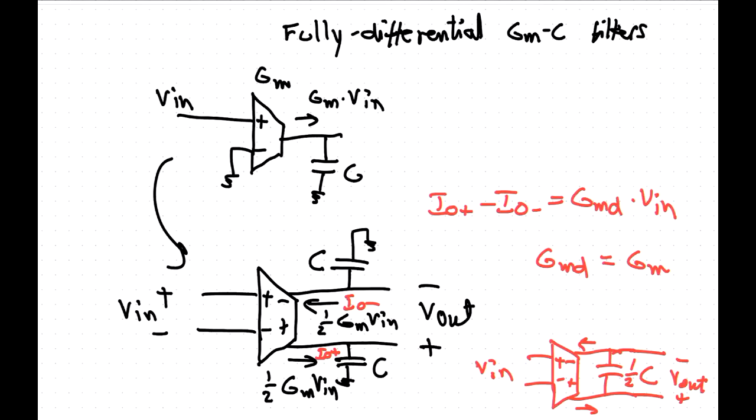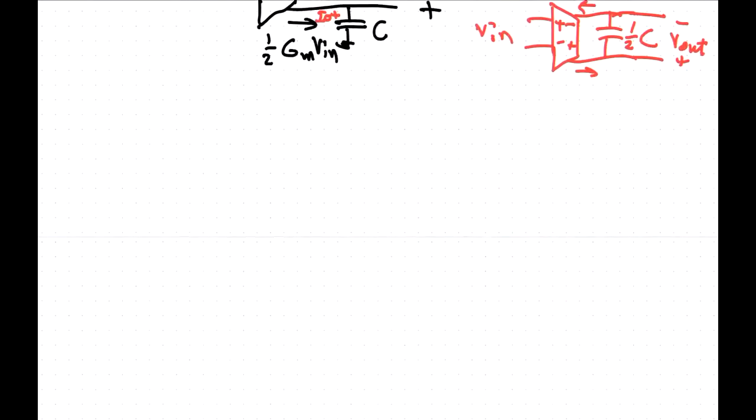There's a simple process you can follow if you have a single-ended filter and you want to make it into a fully differential filter, and I'll show it to you.